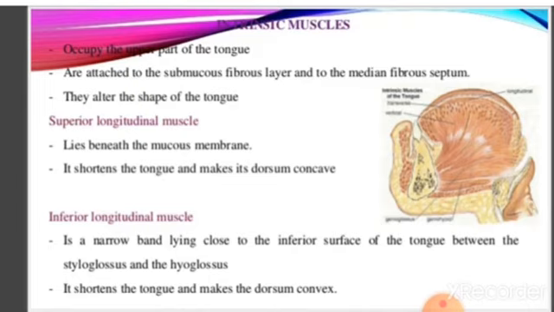The inferior longitudinal muscle is a narrow band lying close to the inferior surface of the tongue between the styloglossus and the hyoglossus.